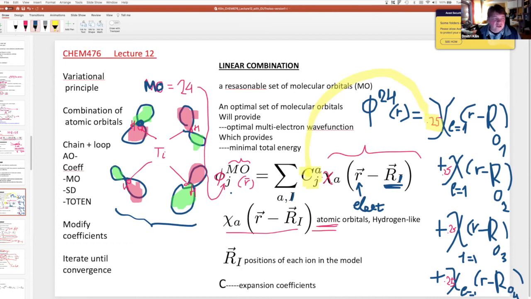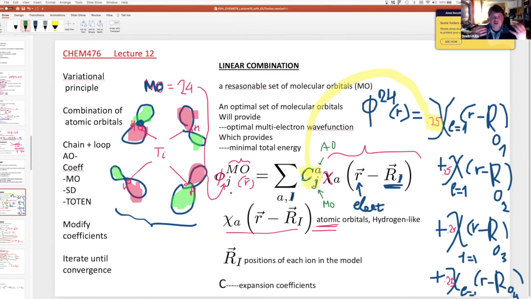So what is important to notice is that this C coefficient has 2 indices. One index relates to molecular orbital, and another index relates to atomic orbital.